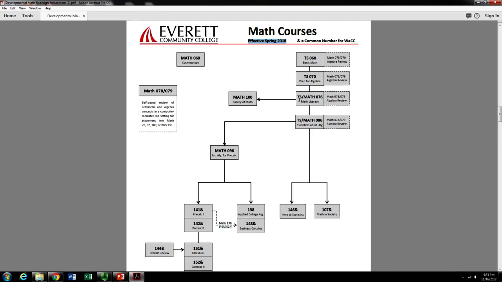So for most traditional math students, they'll probably start here in Math 76. And from Math 76, they'll go into 86 and then to 107, 146. If they are a STEM student, after 86 their next pathway is going to be into Math 96. So that will get them into their pre-calc and calculus classes, as well as college algebra, Math 138.